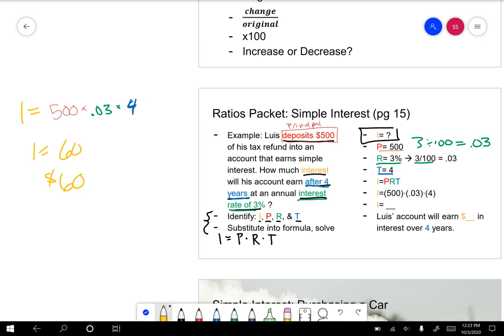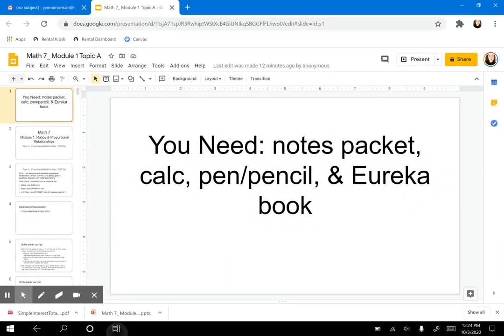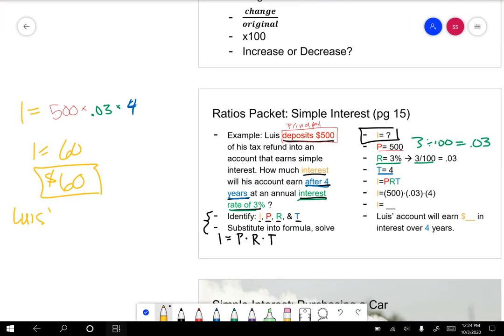Remember, we have Louis who deposited $500 into an account that earns simple interest. We want to know how much interest his account's going to earn after 4 years with an interest rate of 3%. So this answer, the $60 in context, means Louis's account will earn $60 in interest over 4 years.